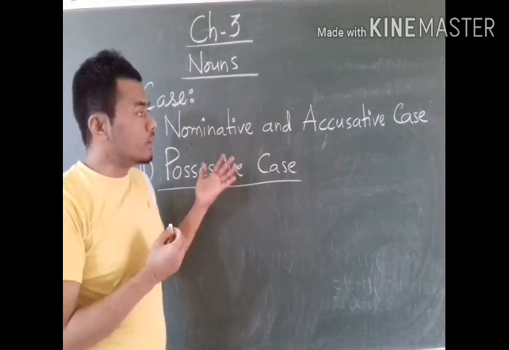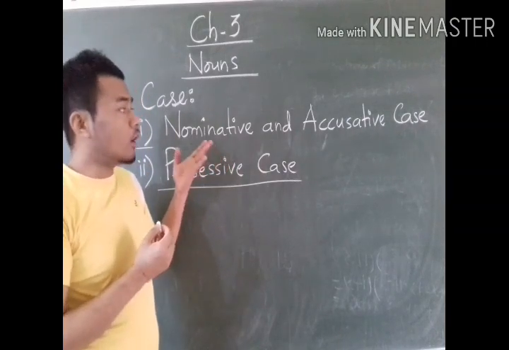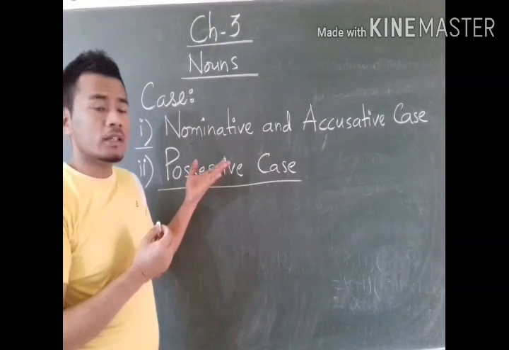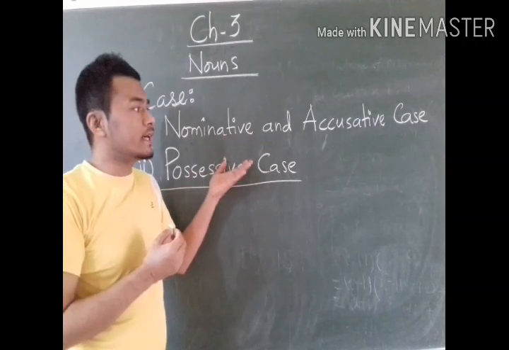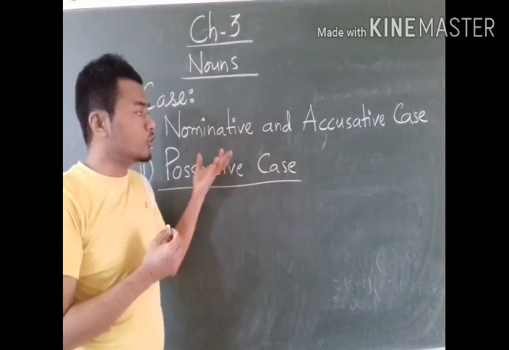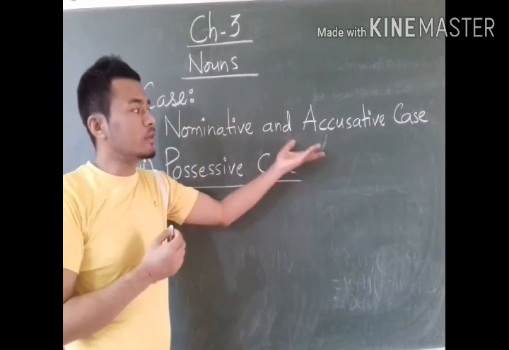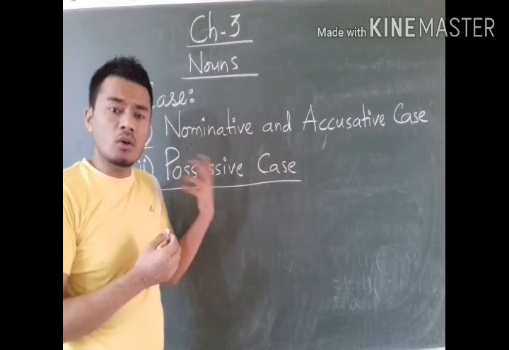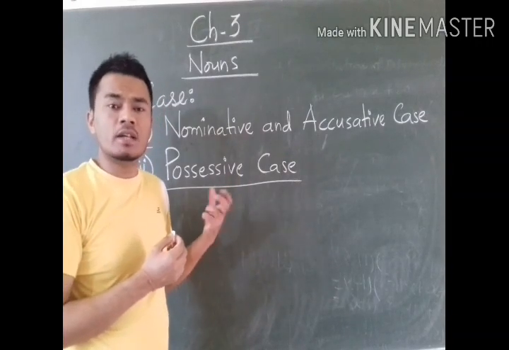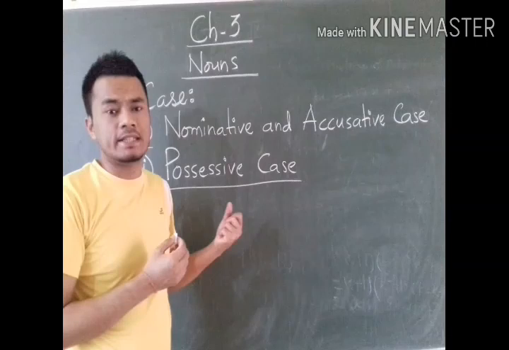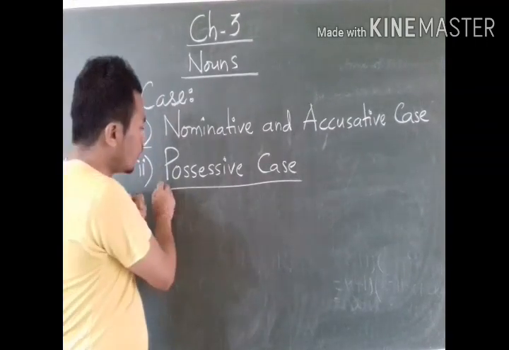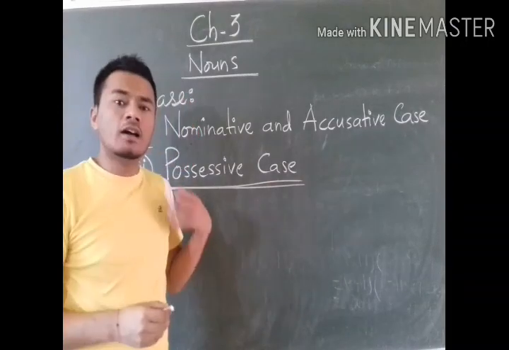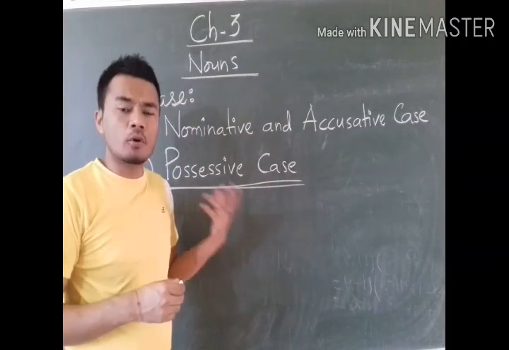So now we will discuss how we use the nouns in nominative and accusative case. What do you mean by nominative case and what do you mean by accusative case? How are these cases formed whenever we use nouns in sentences? We will understand this. And we will also understand what is possessive case of nouns and how nouns are used in possessive case.